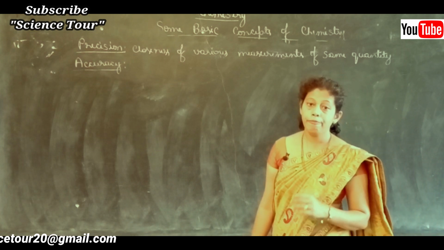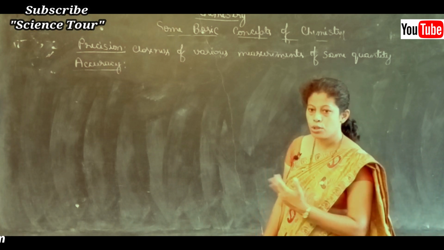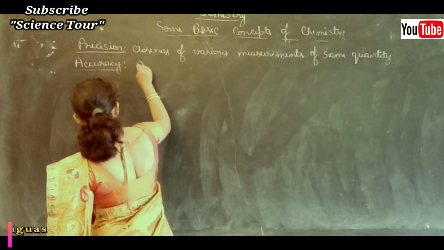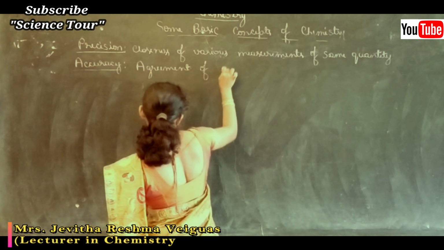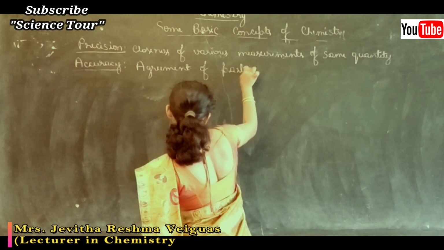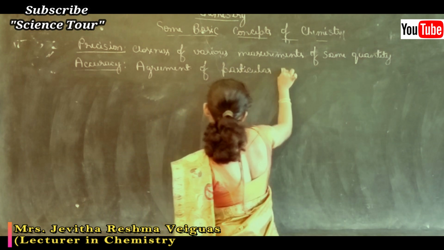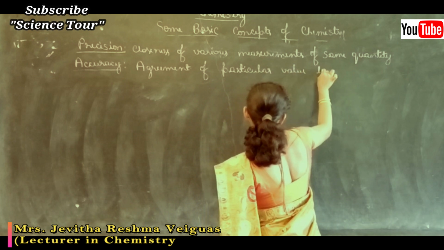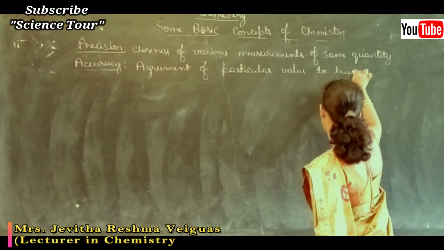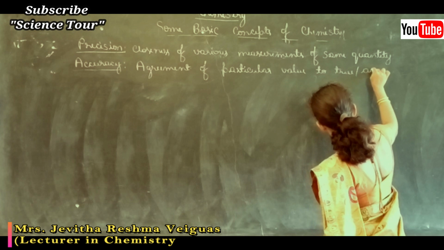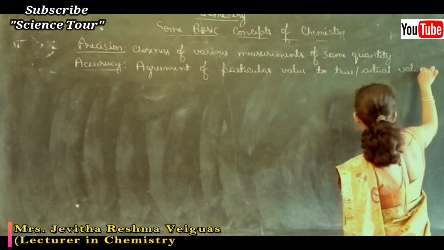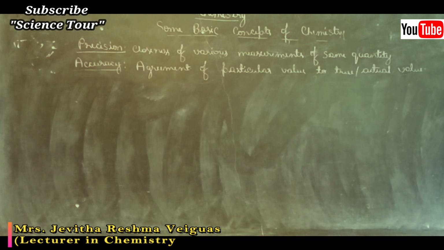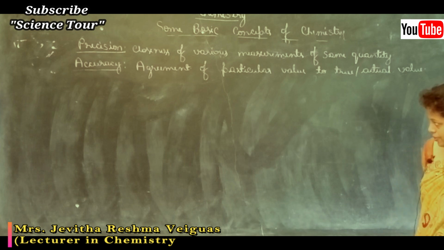Agreement of a particular value to the true value or actual value. True value or actual value. This is accuracy. Now let's study what it is.